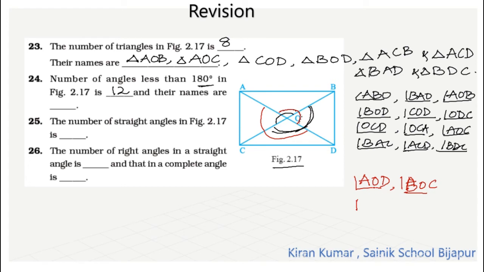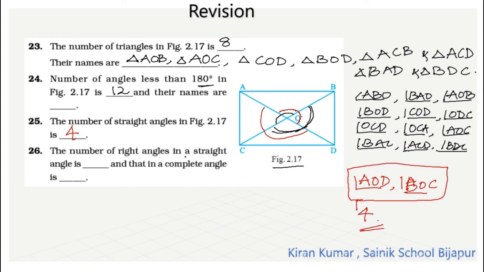So the name would remain the same. So totally angle AOD and angle BOC, other side also it is there, so I can consider them as 4. So let me mention this as 4.